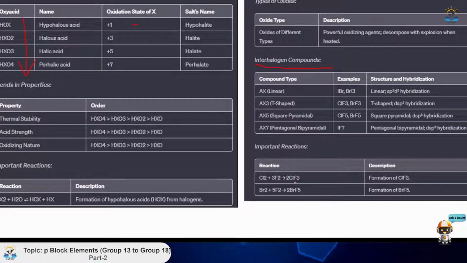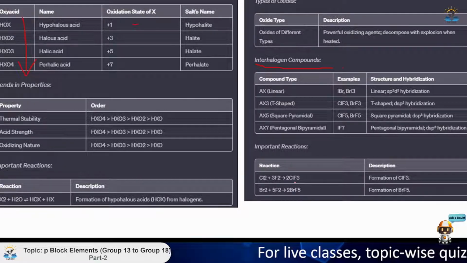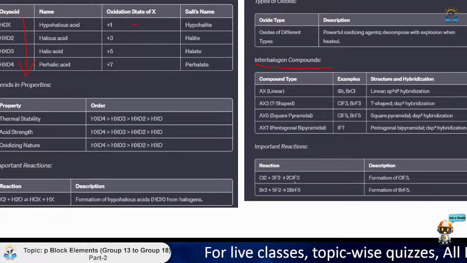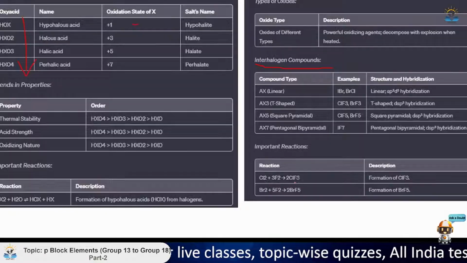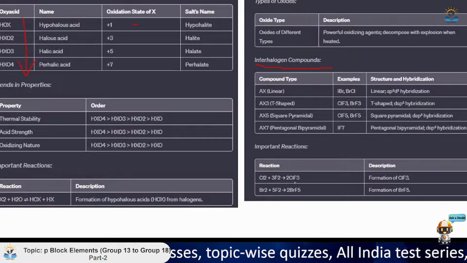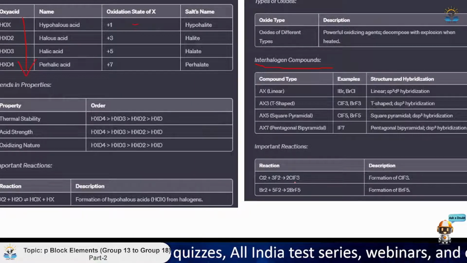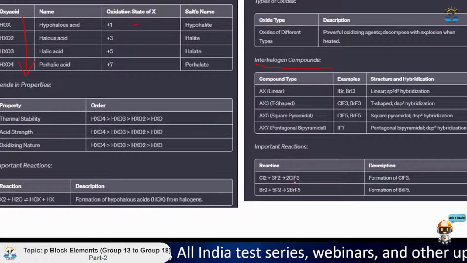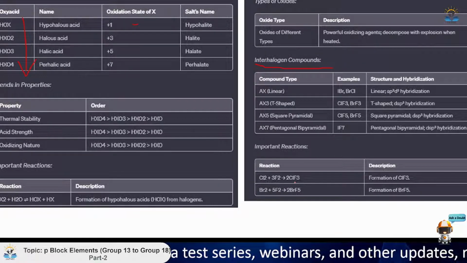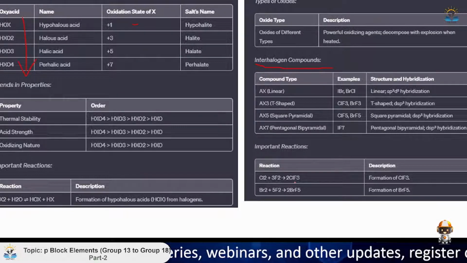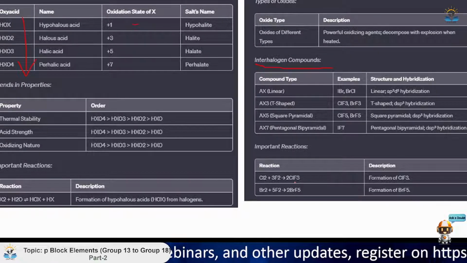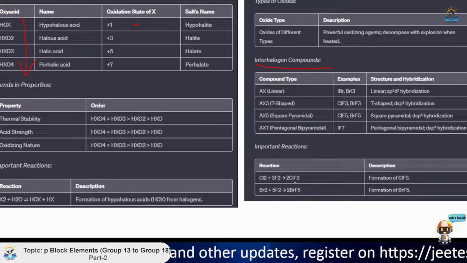Okay. Now, if we just stop here for a moment and discuss what a possible question from group 17 could be most of the time. There are a few reactions that come under the uses of group 17. Because when our chlorine reacts with a few more things like sodium or calcium, right?